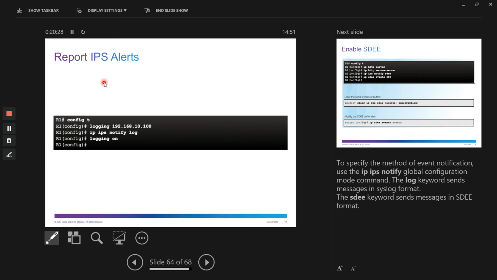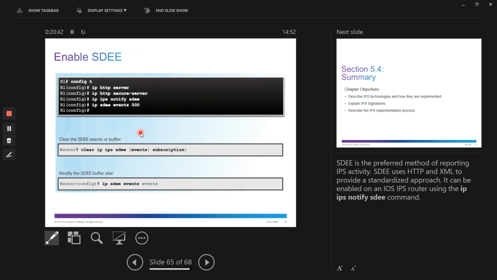The log keyword sends the message in syslog format, and the SDEE keyword sends the message in SDEE format. You can use either log or SDEE, one of these methods, to report IPS alerts.